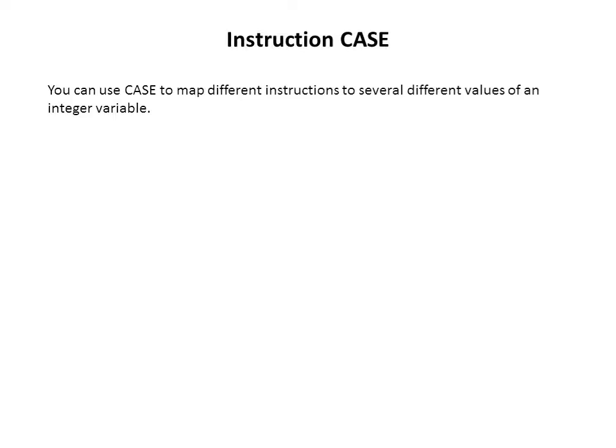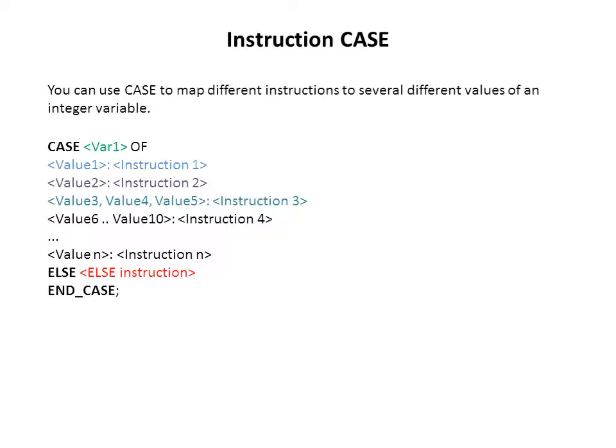Next, one of the main operators is the CASE instruction. You can use the CASE instruction to map different instructions to several different values of an integer variable. This is the syntax of this instruction.